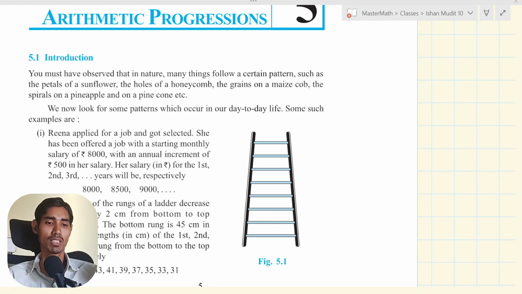Now the second example is the steps, the rungs of this ladder, they are in decreasing order of length. So 45, 43, 41, so the length is decreasing by 2 centimeters.